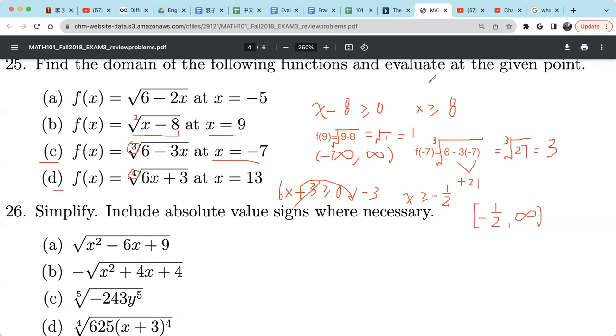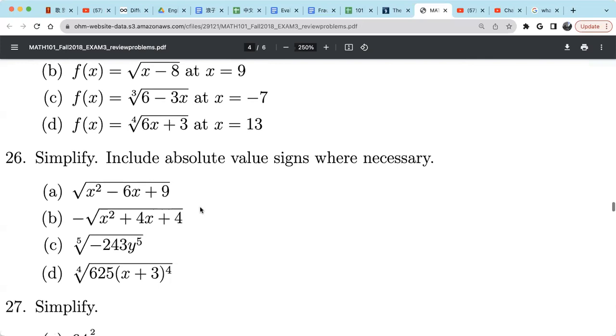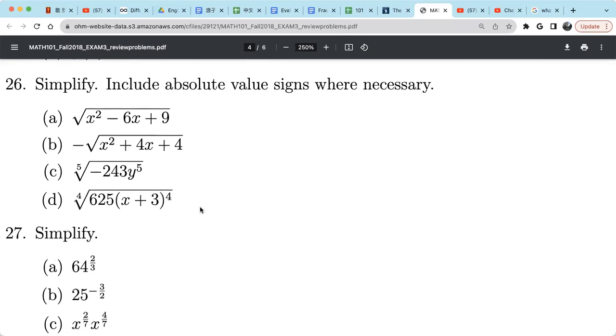Next, 26, simplify it. Let me move up a little bit. We want to simplify, including absolute value signs where necessary.